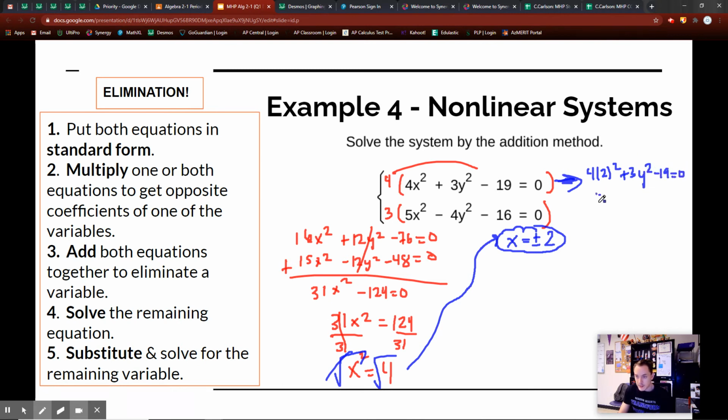Okay, so this becomes 4 times 4 is 16, because 2 squared is 4. This becomes plus 3y squared minus 19 equals 0. This becomes 3y squared minus 3 equals 0, so 3y squared equals 3, y squared equals 1, and then y equals plus or minus 1.